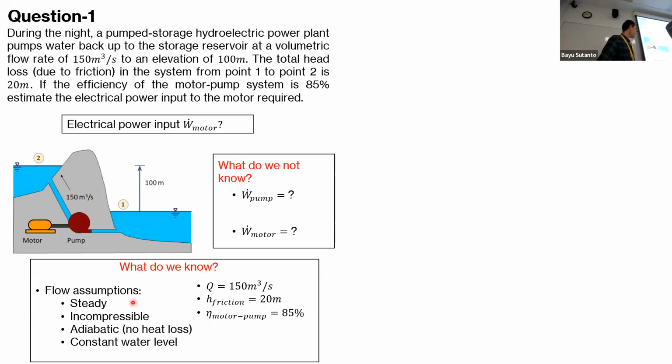We have the assumptions that the system is steady, incompressible, and adiabatic, with a constant water level. Constant water level means that even though we take a flow of 150 meter cubic per second, the elevation is not really varying, so we can assume that the level is constant.